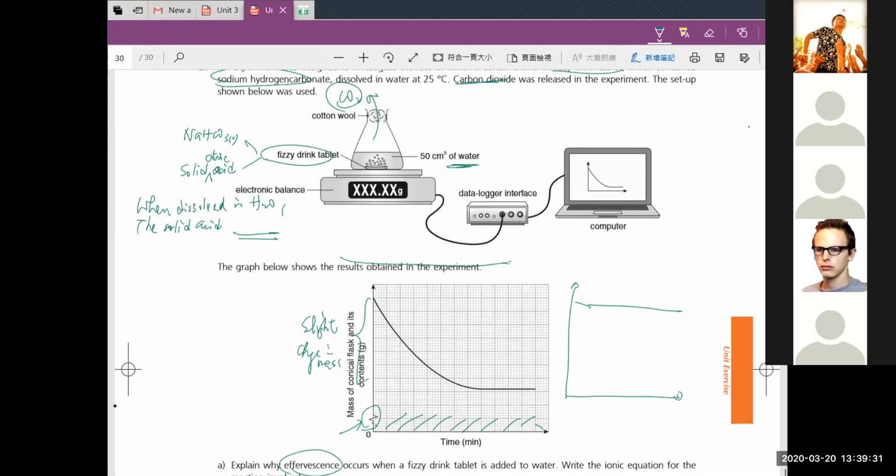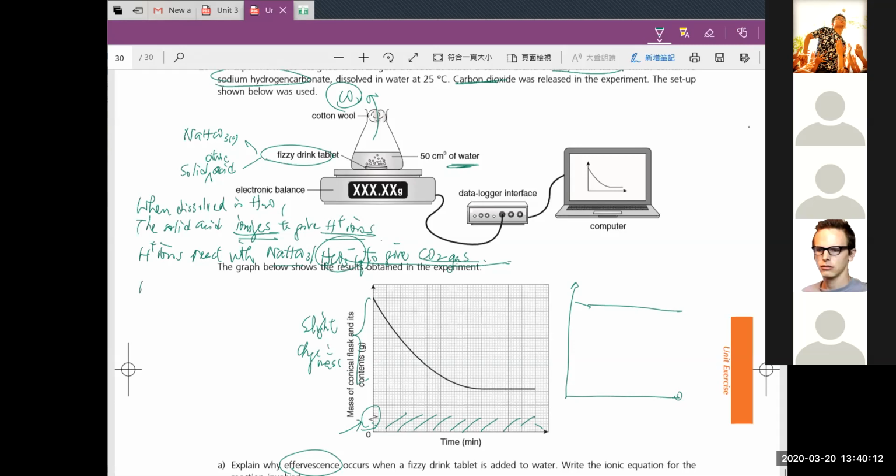And yes, ionizes. You need to have that term, ionizes, to give hydrogen ion. And because of that, the hydrogen ions, what do they do? They react with what? With sodium hydrogen carbonate, or in particular, once I dissolve in water, the whole thing, right? This one also dissolves in water. So you're going to talk about it in particular. It is hydrogen carbonate ion to give carbon dioxide gas. So that's why that is effervescence.